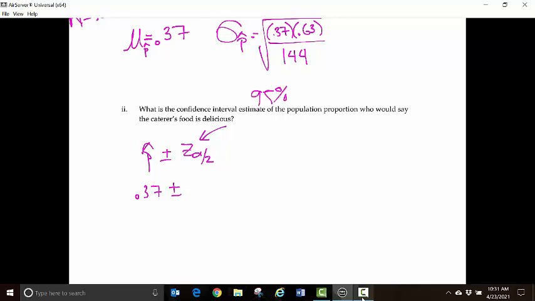So I would do inverse norm 0.025 to get the z alpha over 2. Why would I do inverse norm 0.025? Leo, do you? Yeah, it's 1 minus 0.95. So 5% is your alpha level, divide by 2, and then that's what you plug in.